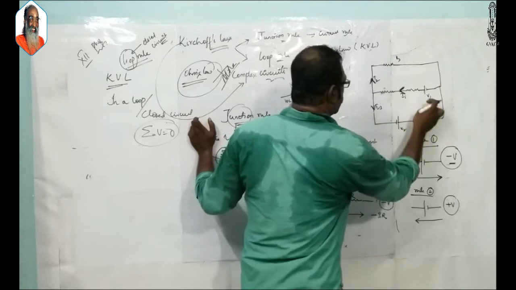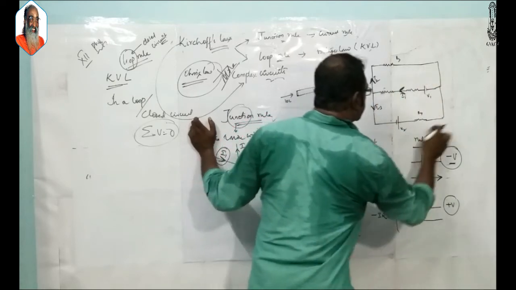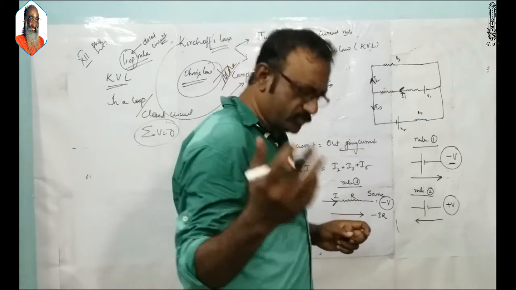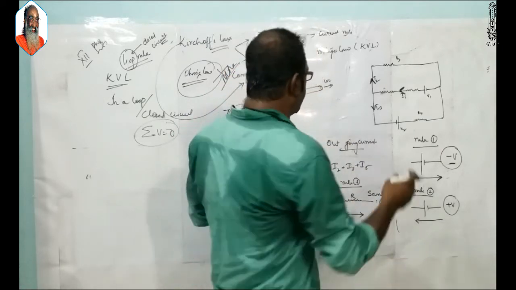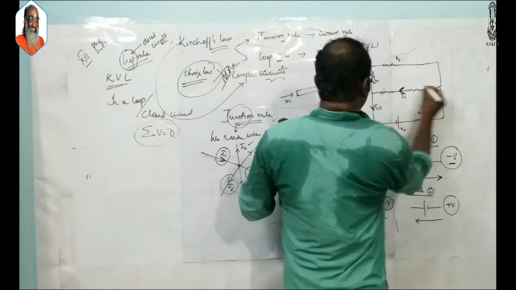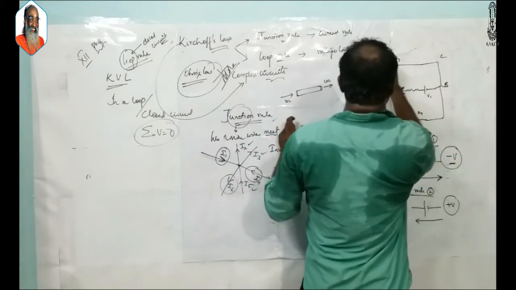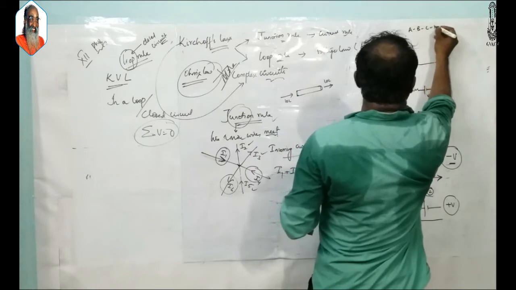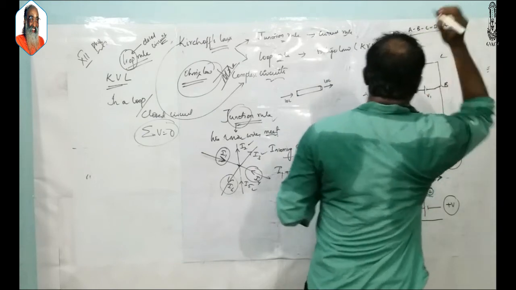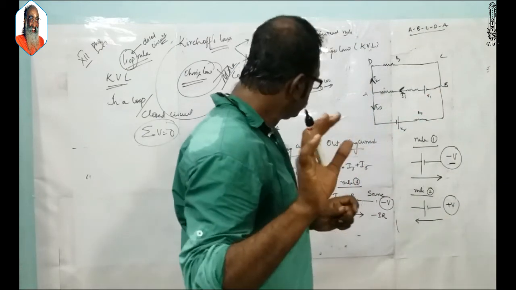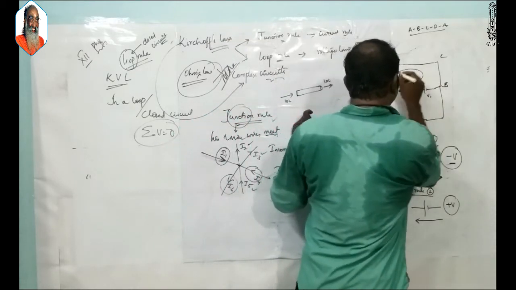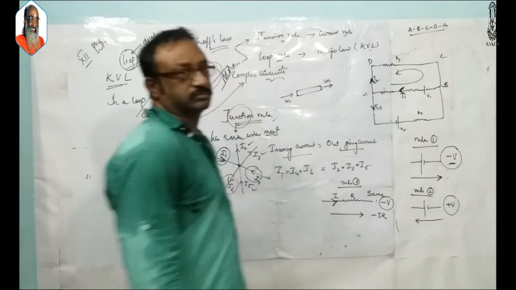Suppose here I am considering this loop A, B, C, D, A. Now I am considering this direction. That means I am going to move in this direction and solve my problem considering this as my direction.